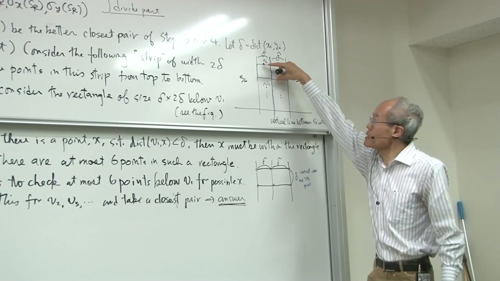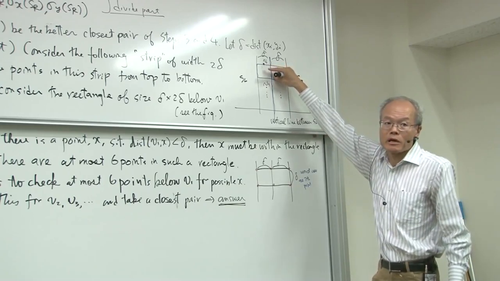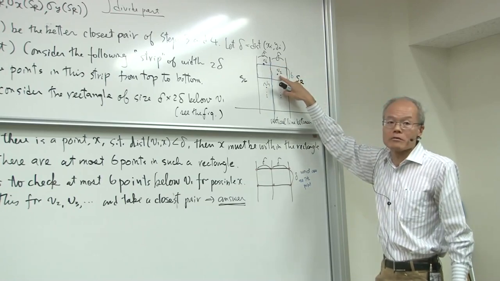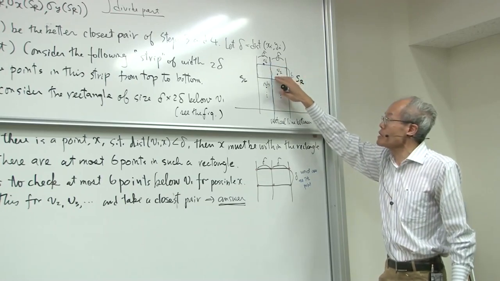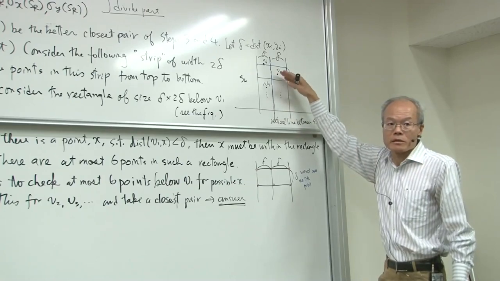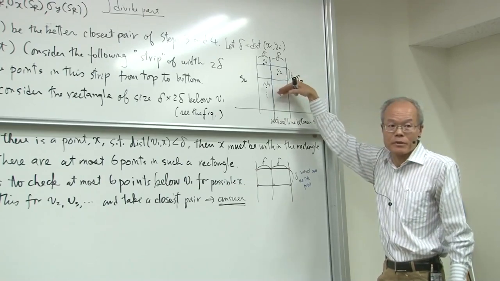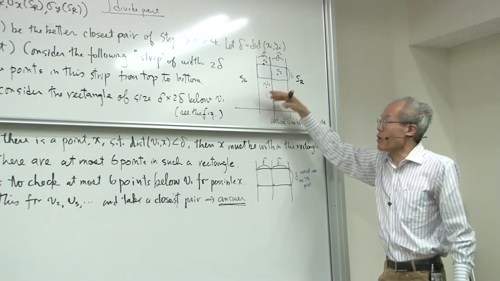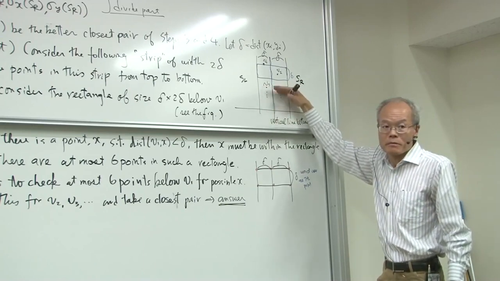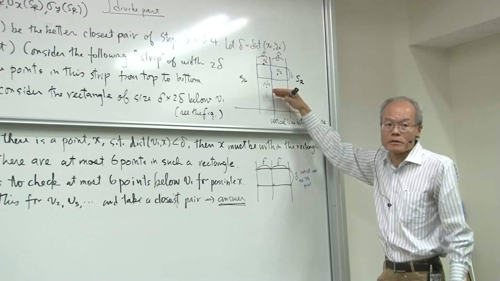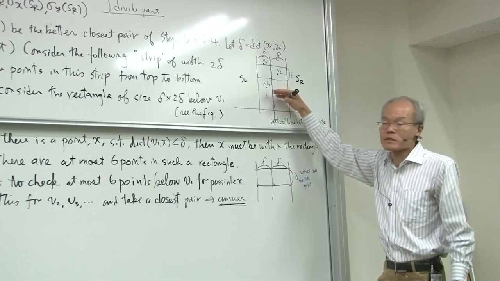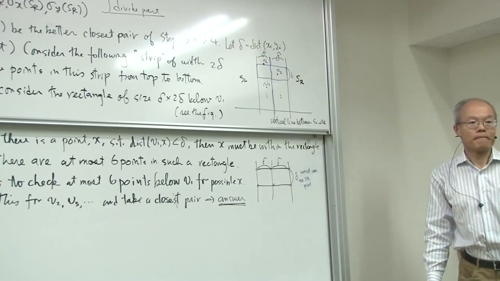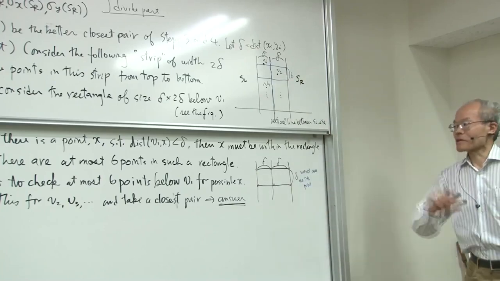If there's a pair with distance less than delta, then it might be a correct answer. Then we go to V2, check 6 points below V2, then V3, check 6 points below V3, and so on. Of course, your answer is the closest pair. And this is the correct answer.